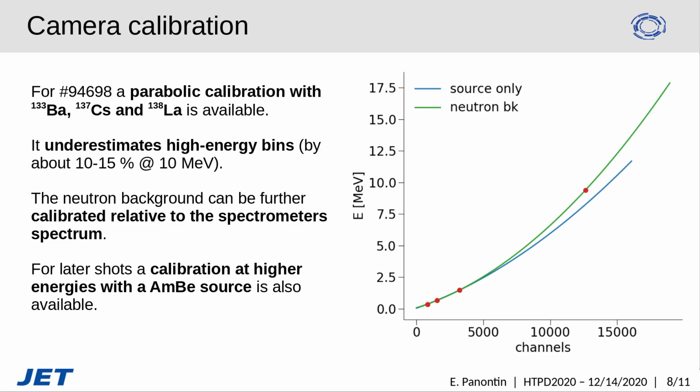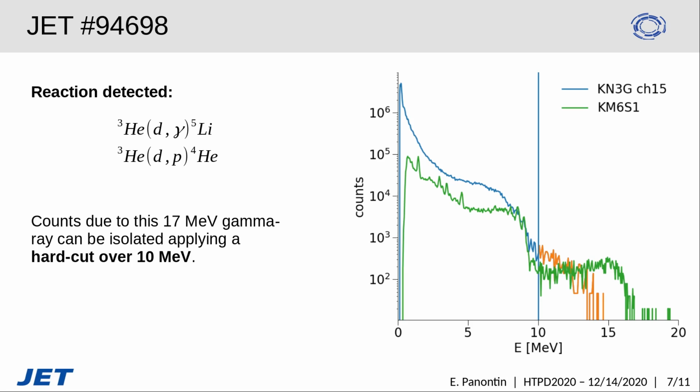Let's have a closer look at the spectrum detected by the gamma camera, in blue in the picture, and the one detected by one of the radial spectrometers installed at JET, in green in the picture.